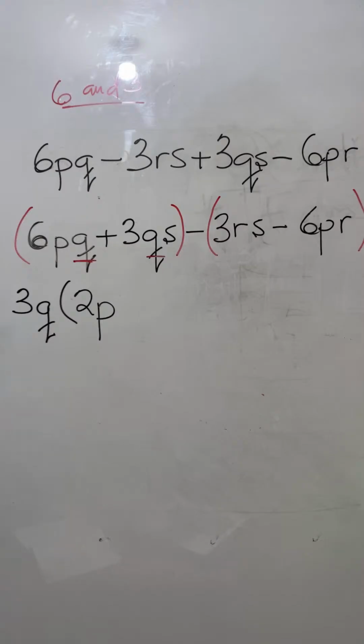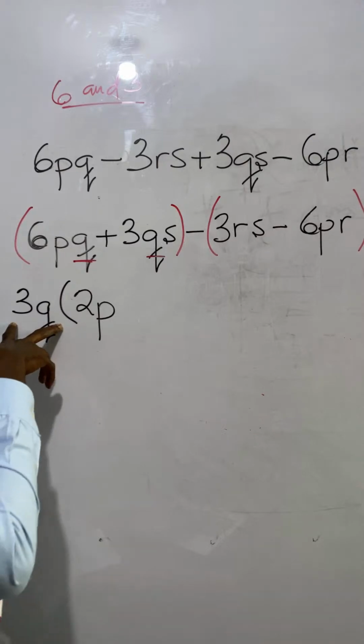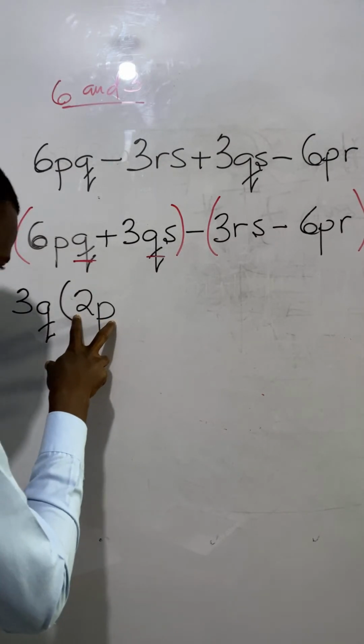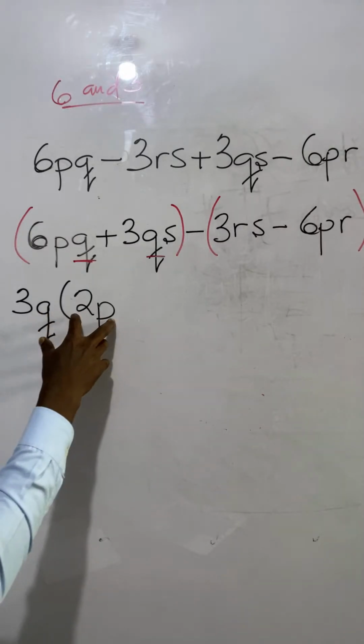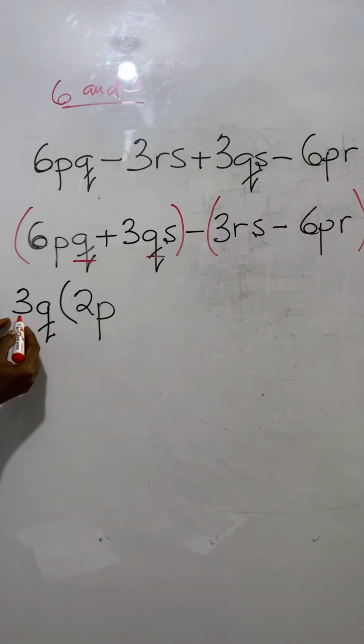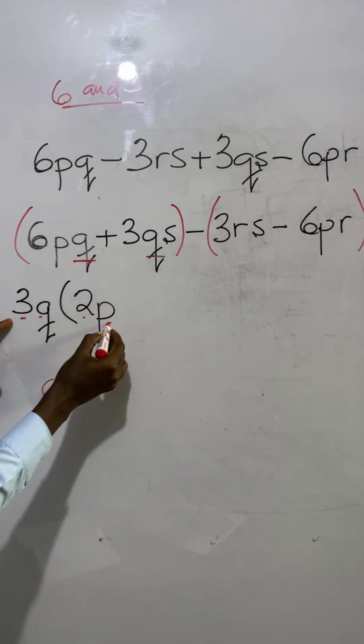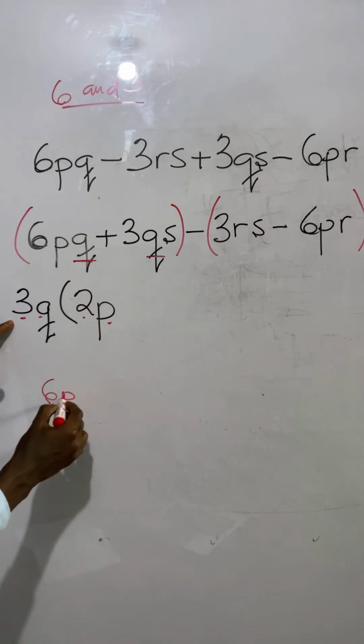Good. This step can be verified. We can actually verify to see if our answer is correct or not. How can we verify that? You just multiply. 3Q times 2P: 3 times 2 gives you 6, and Q times P gives you PQ.